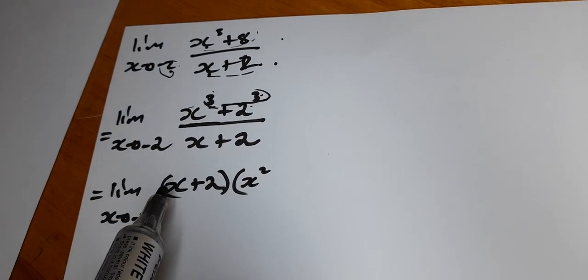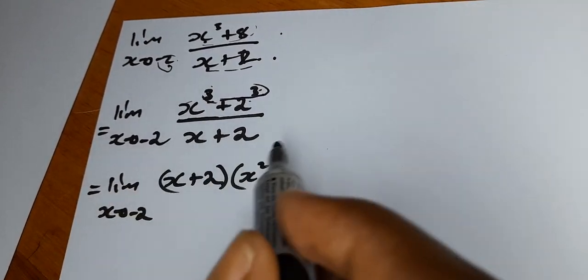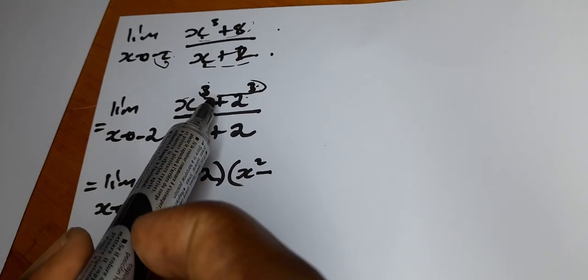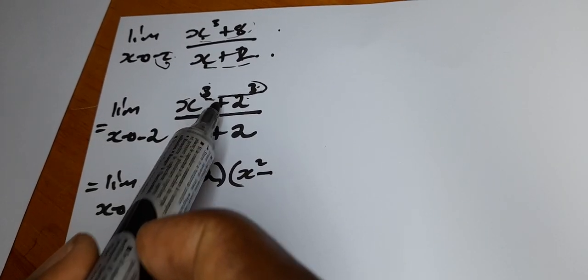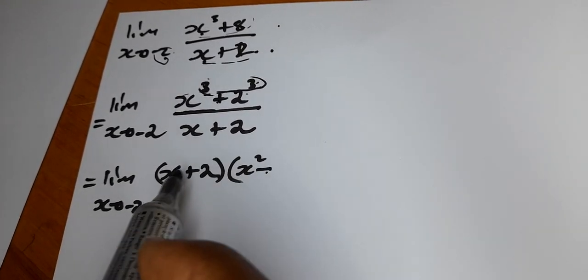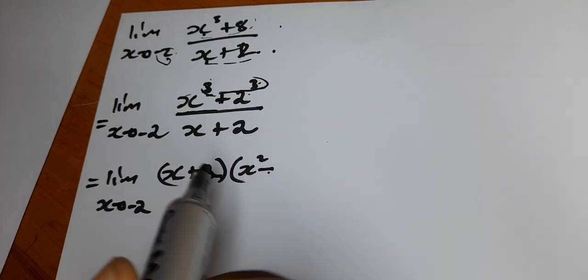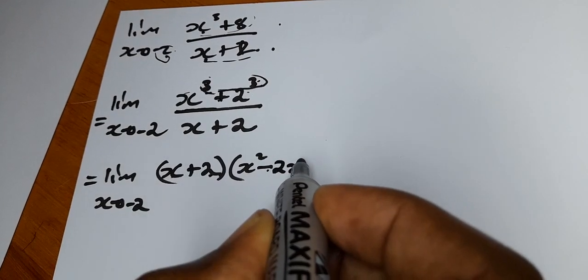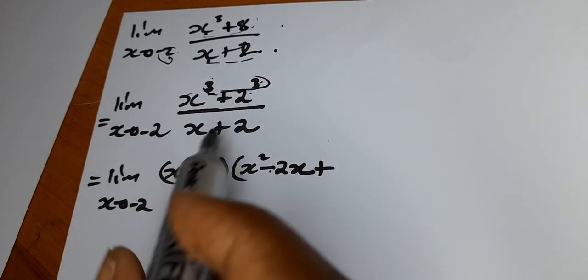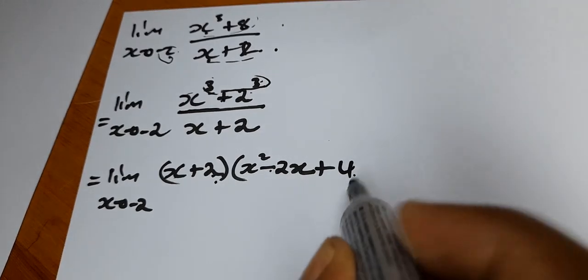Then the other step, since this one is positive, here we are going to write negative. But if here we had a negative, here we're going to write positive. So the other step, we multiply x multiplied by 2, we are going to get 2x. Then here is always positive. Then you say 8 divided by 2 is equals to 4.